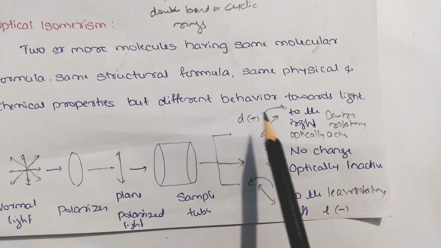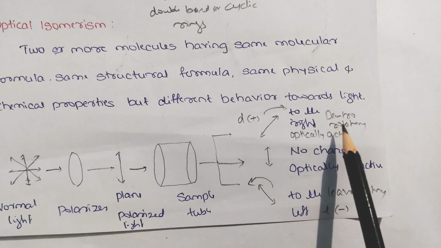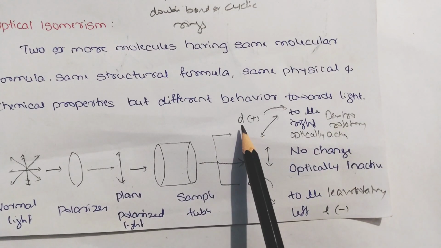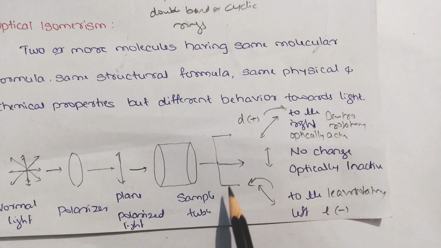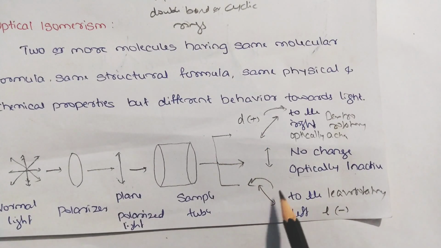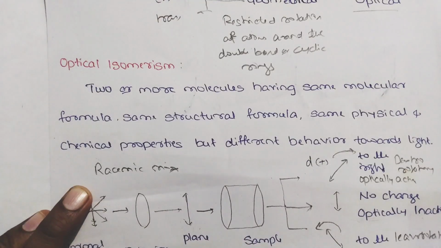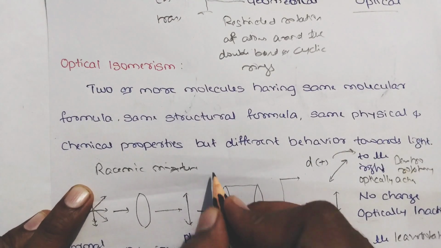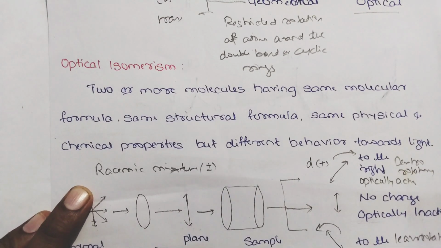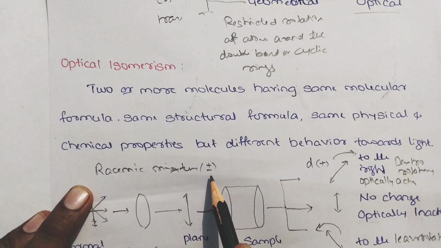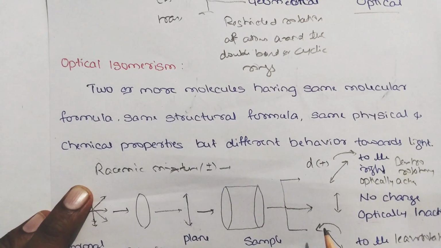Hence, if it is rotating to the right side, it is called dextrorotatory. It is denoted by D or a plus sign. If the light is rotating to the left side or the anti-clockwise direction, it is called levorotatory. It can be denoted by L or a minus sign. Sometimes if you are using a racemic mixture, it contains both dextrorotatory as well as levorotatory forms.